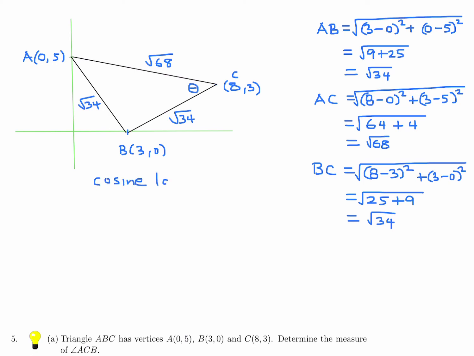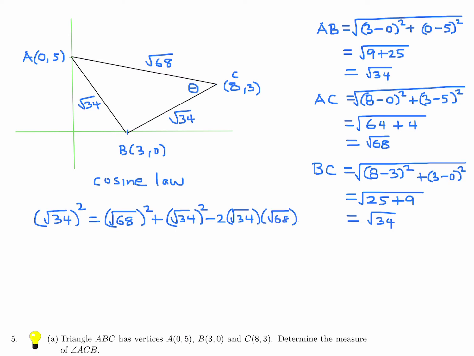So the cosine law, using that angle, will be root 34 squared is equal to root 68 squared plus root 34 squared minus 2 times root 34 times root 68 cos theta.